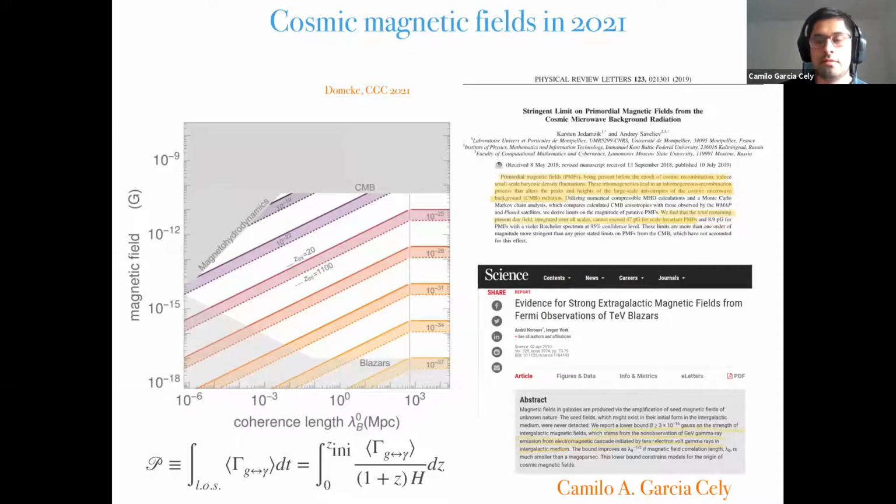Of course, at some point we will be interested in going to very early times, in which case the initial redshift has to be the time when the CMB is formed, because that's the moment when the universe becomes transparent, and then we can use this formalism during the dark ages.